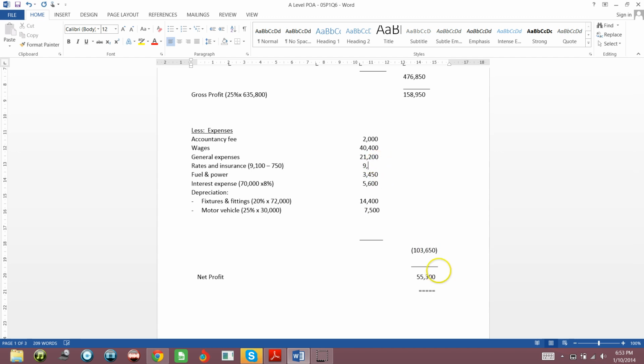So this will become 9,100 minus 750, you will get 8,350. Okay, so 8,350. Then the expenses figure will change.